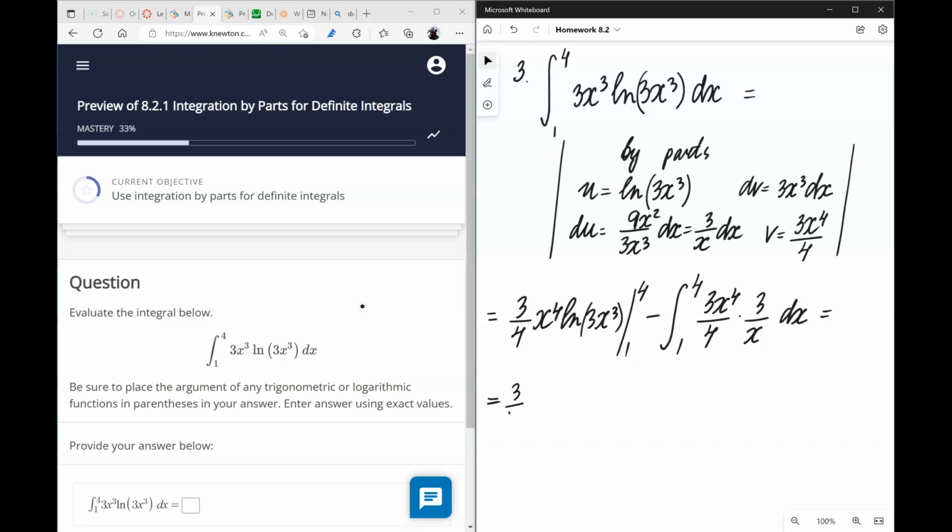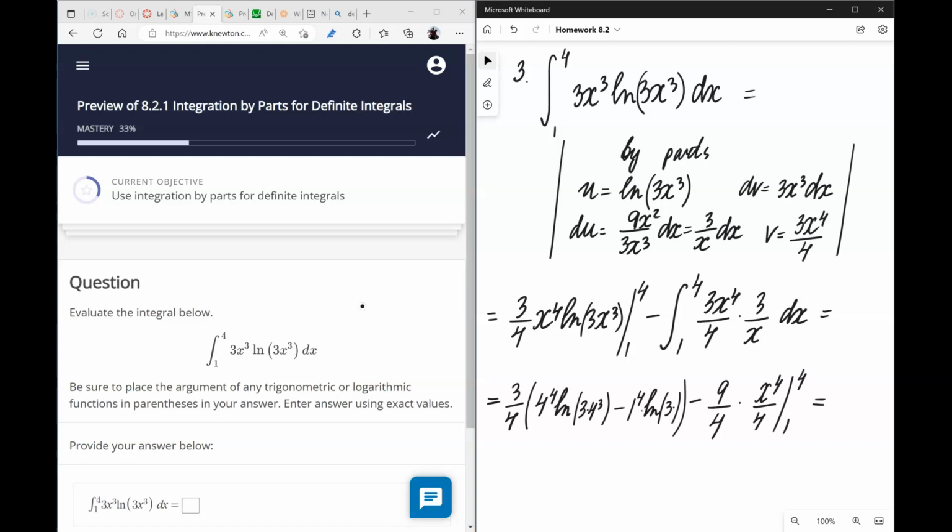So we have 3/4, we have 4 to the power 4 ln of 3 times 4 to the power 3, minus 1 to the power 4 ln of 3 times 1. So that's that part, minus, and now we have to simplify this. So we have 9/4 x cubed, but the antiderivative of x cubed is x to the 4 over 4.